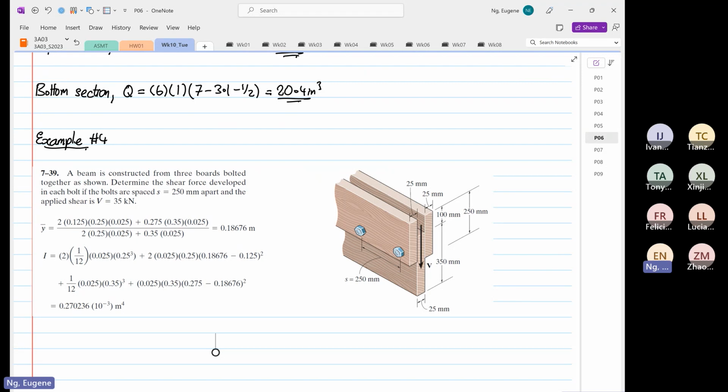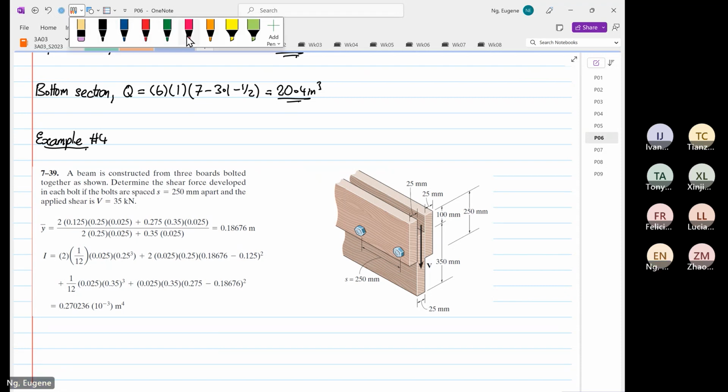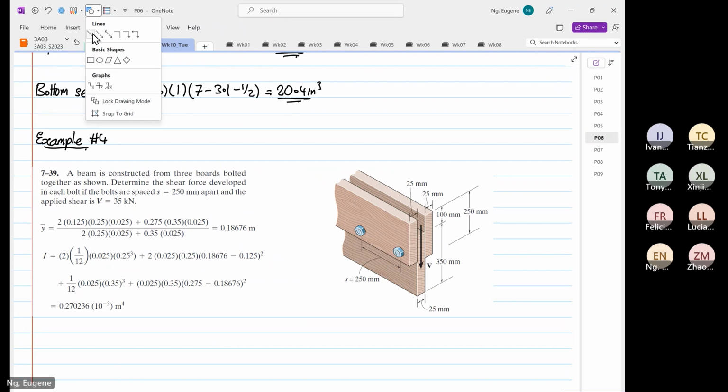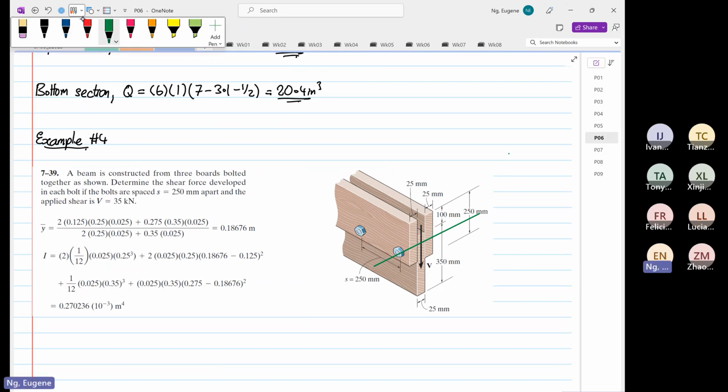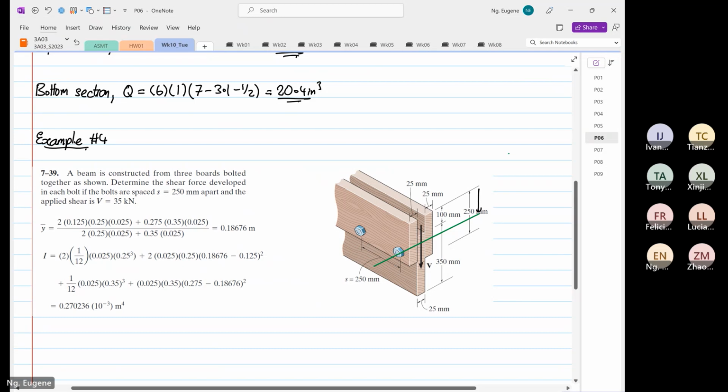So if I were to sketch the centroid, it's going to be over here. So this distance to this distance is 0.18676 meters.